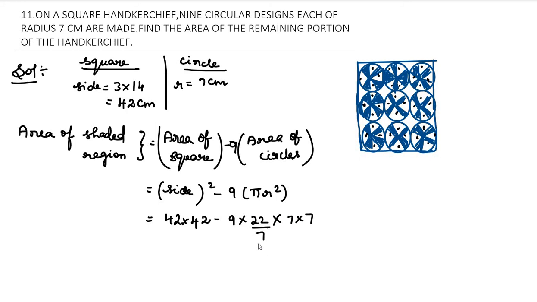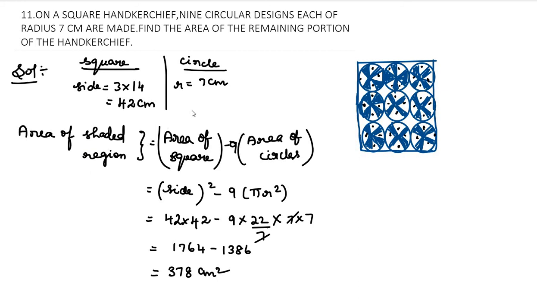7 into 7. So when I cancel 7, 7, the remaining will be 9 into 22 into 7, right? So this 42 into 42 is 1764 minus, yes, this one when I multiply 9 into 154, I'll get 1386. So when I subtract these two, I'll be getting 378 centimeter square. So do you understand?